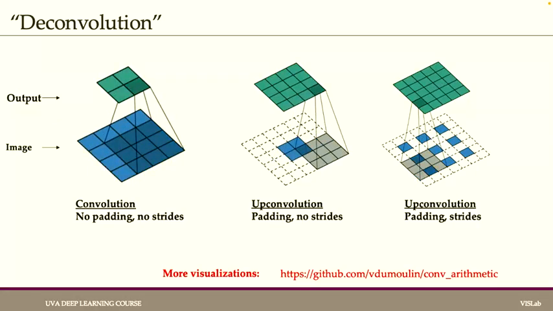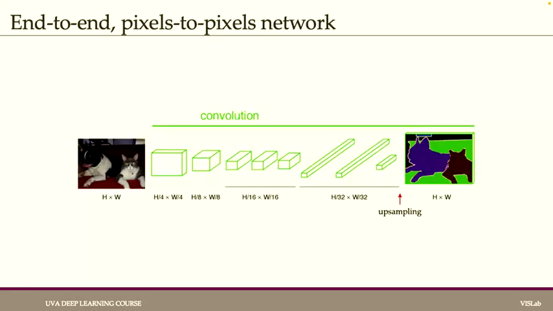And if you use that, you can first use a neural network which gradually decreases the spatial extent, as we saw with all of those poolings and so on, right? And then gradually increase it again, which will allow you to get these sort of output maps.